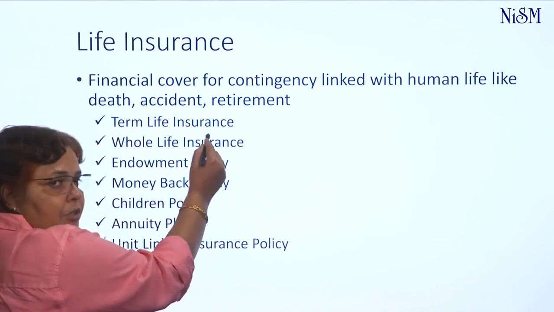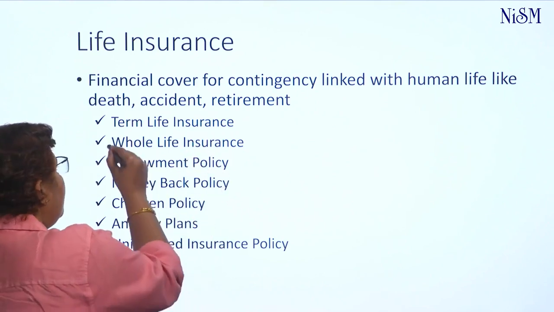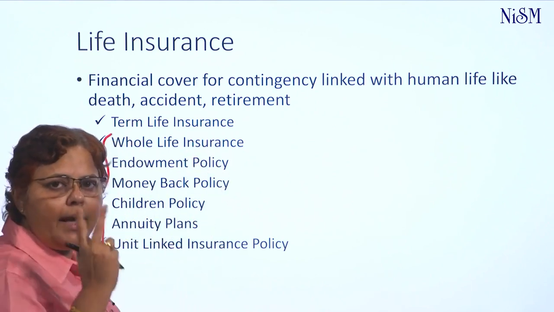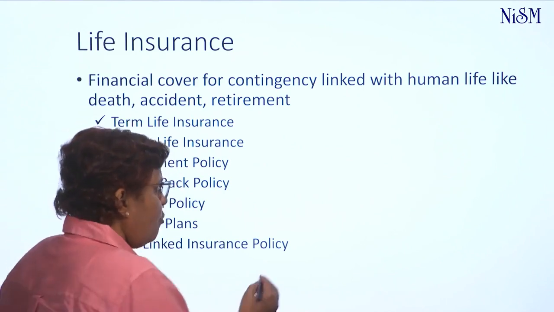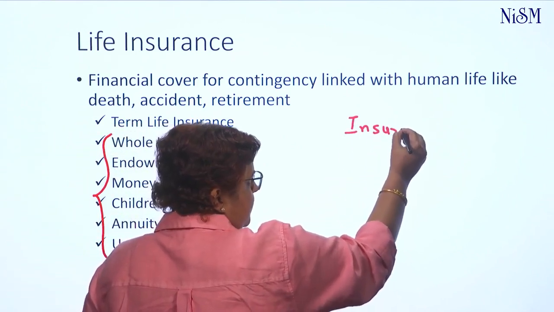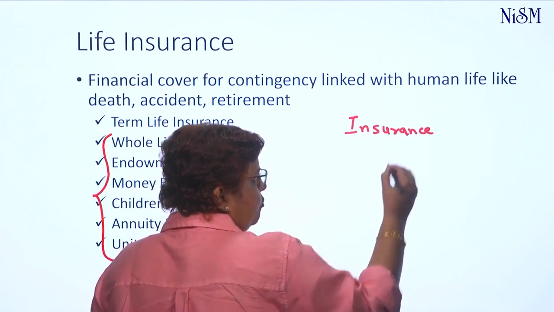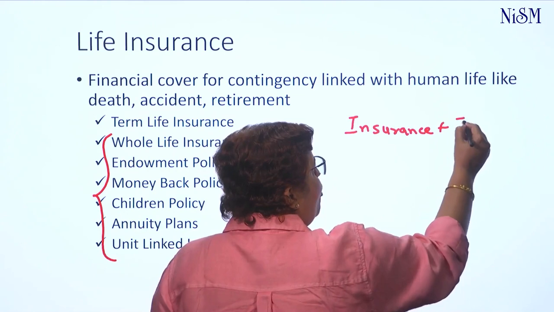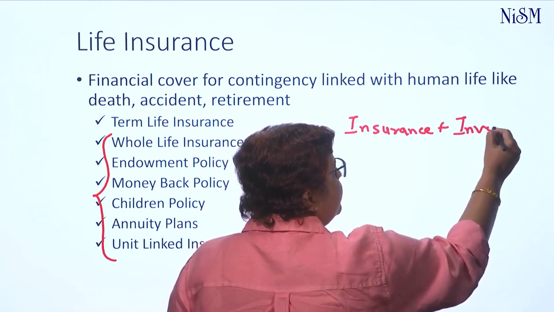Except for the first, term insurance cover, all the rest have two components. One is insurance, which is the basic assurance to the person who is taking the cover, and in addition to that, they also have a component of investments.